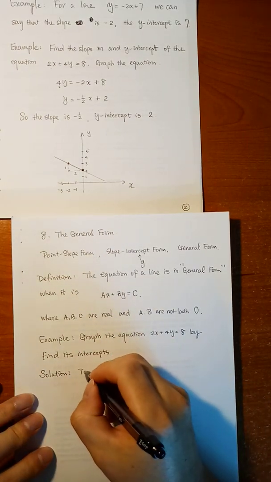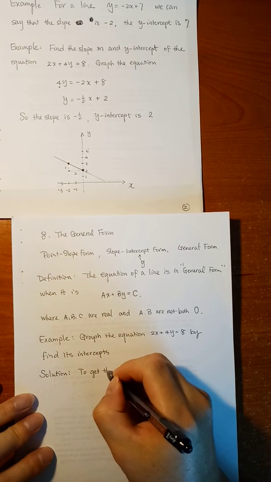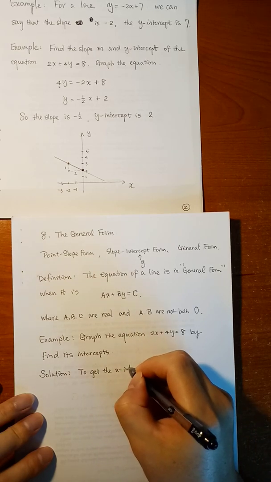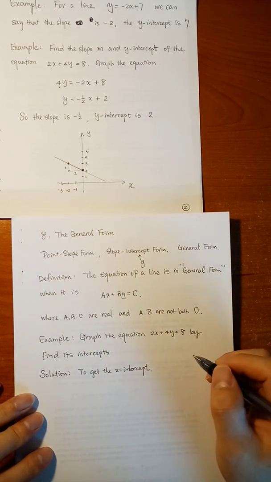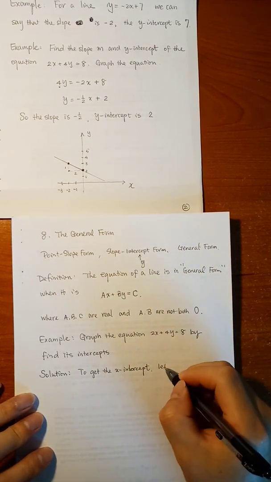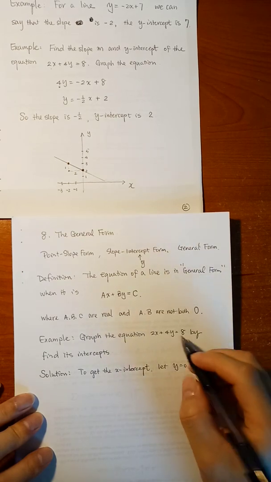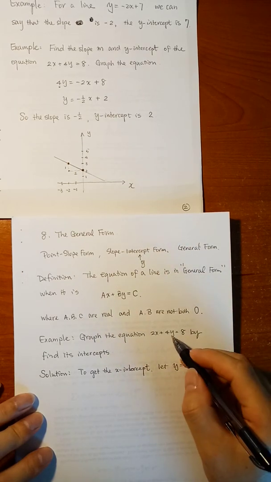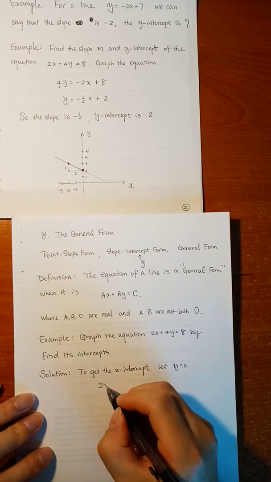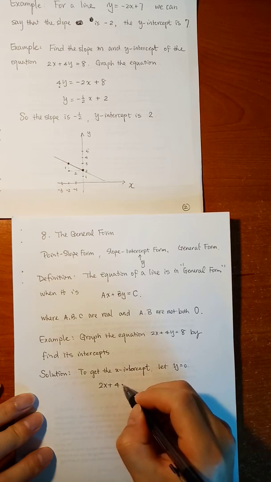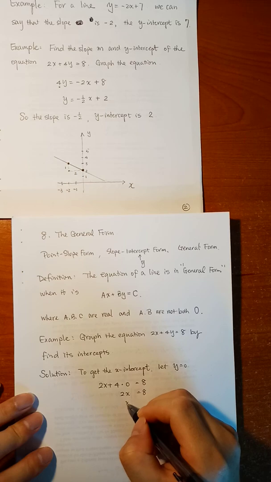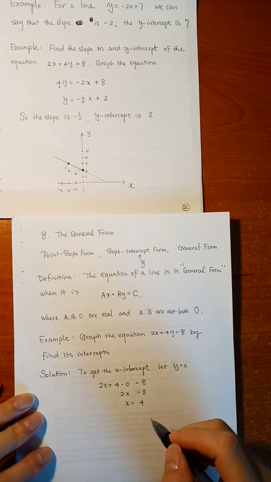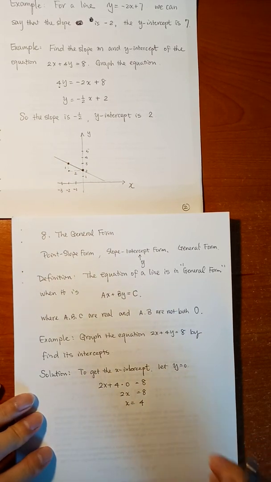To get the x-intercept, you let y equal to 0. Y is 0. 4 times 0 is 0. So you get 2x equal to 8, x equal to 4. So x-intercept is x equal to 4.